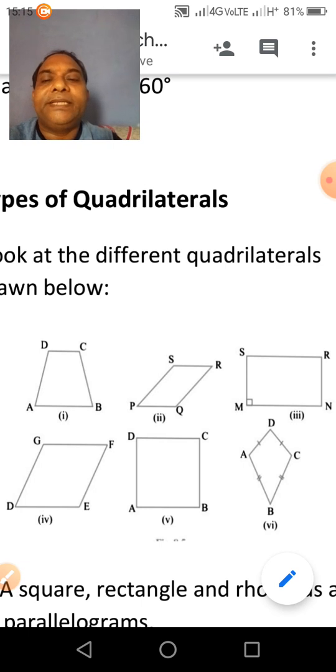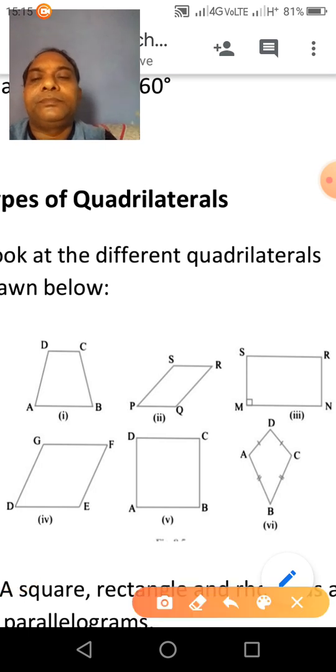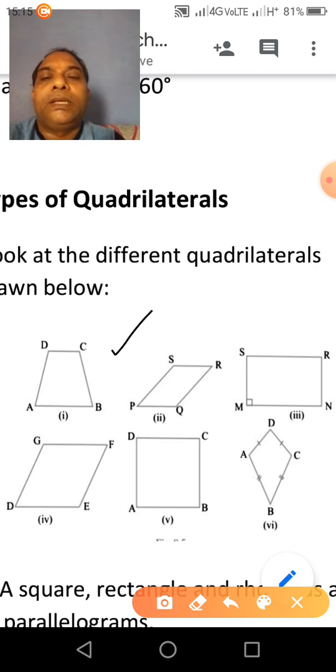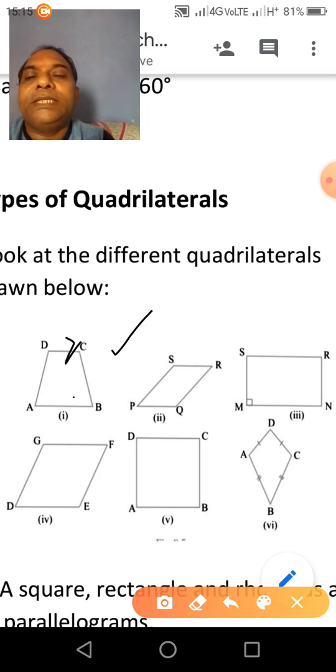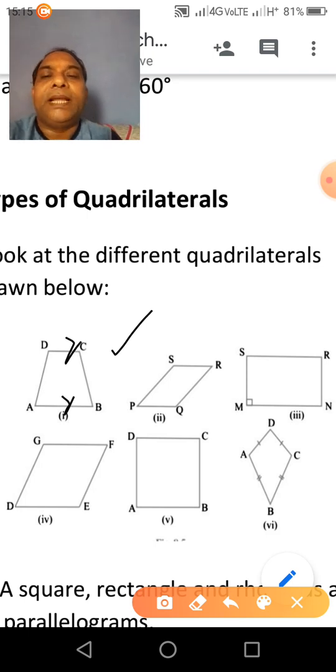In case of trapezium, the first figure is the example of trapezium. In trapezium, a pair of opposite sides are parallel. Clear?